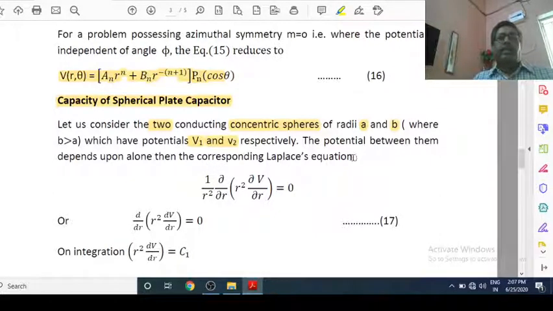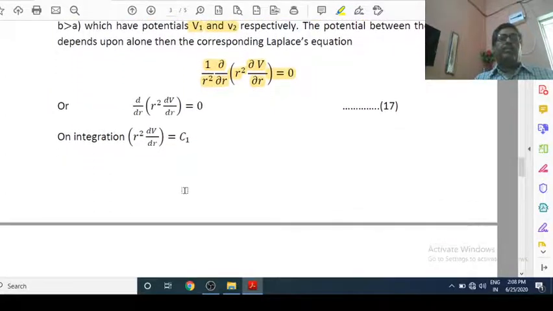Then the corresponding Laplace's equation is this one. So it is free from theta and phi.